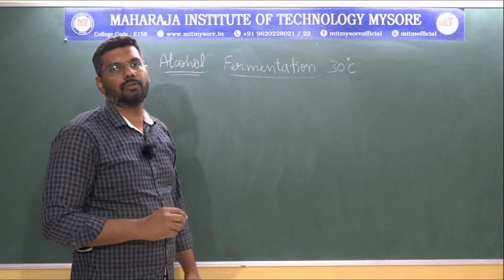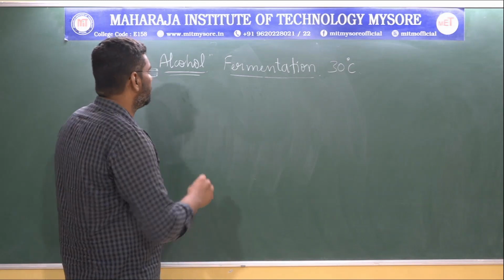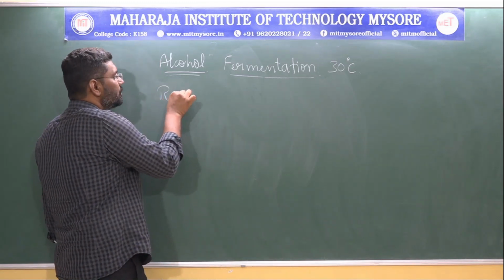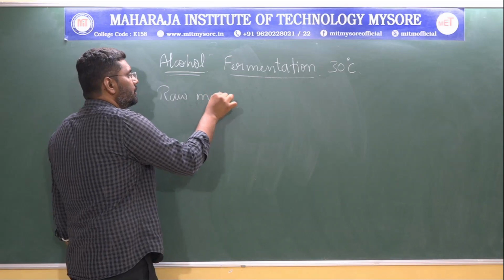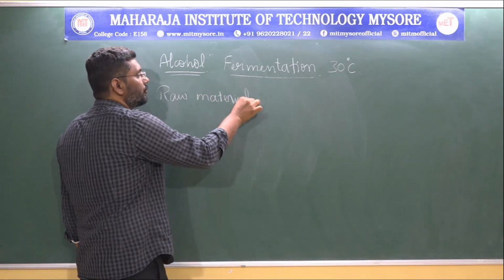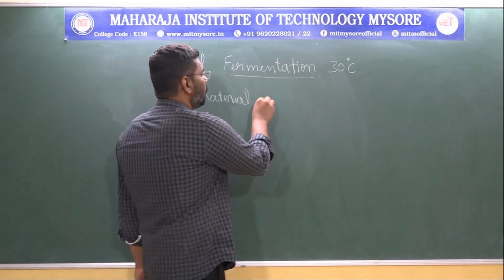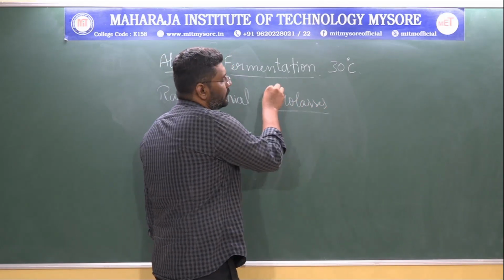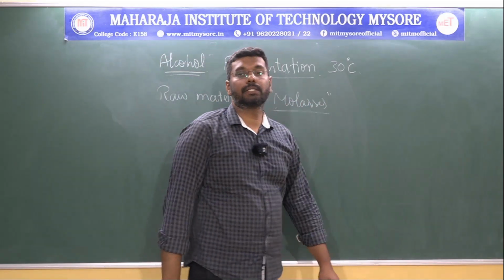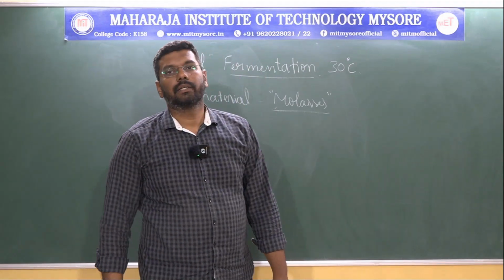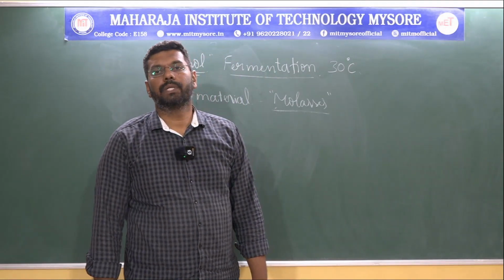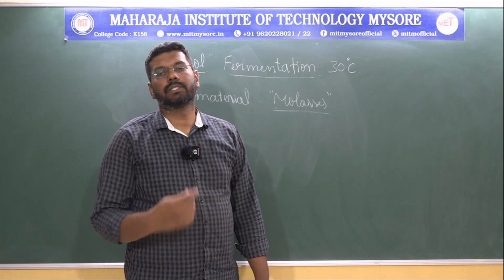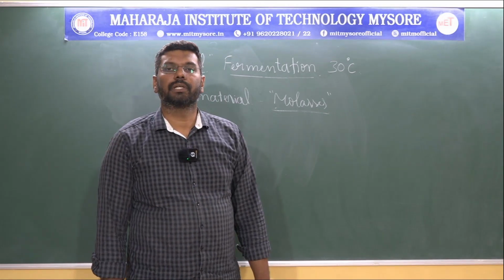So how will this alcohol be generated here? The major raw material used for the synthesis of power alcohol is molasses. This word is very familiar to us. Molasses is a dark brown thick syrup which is obtained after crystallization of sugar from sugarcane juice.